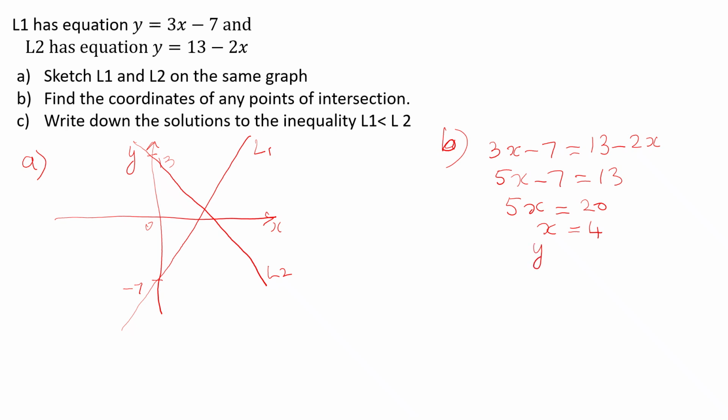So y equals 4 times 3 minus 7. Then 12 take away 7, which is 5. So y equals 5. So the two lines intersect at the coordinate 4, 5.